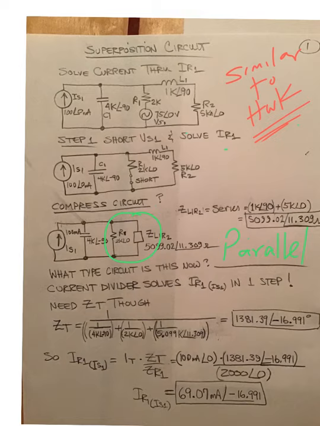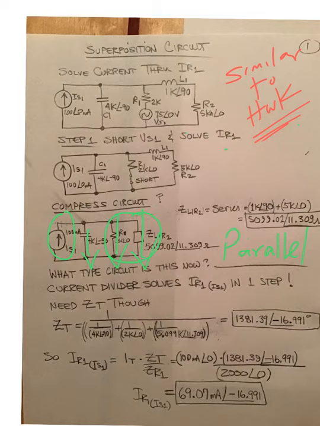If I could find the voltage, I have a current source, and a current source is feeding 1, 2, 3 parallel branches. Well, that allows me to solve in one step using current divider.